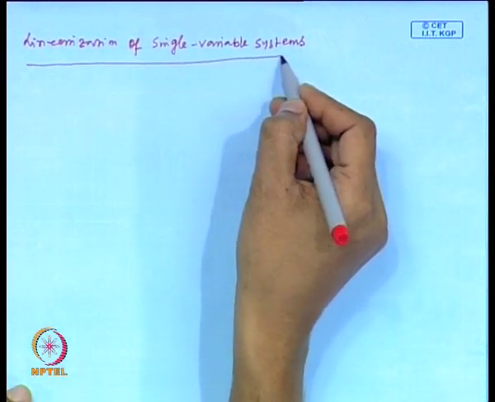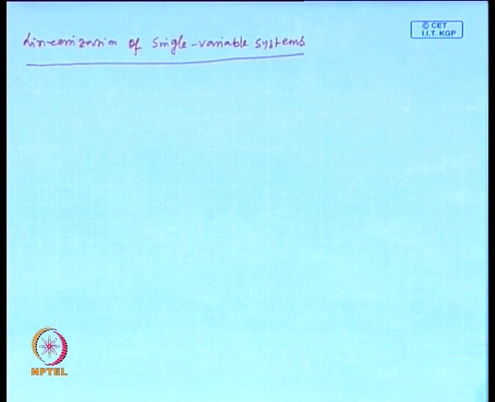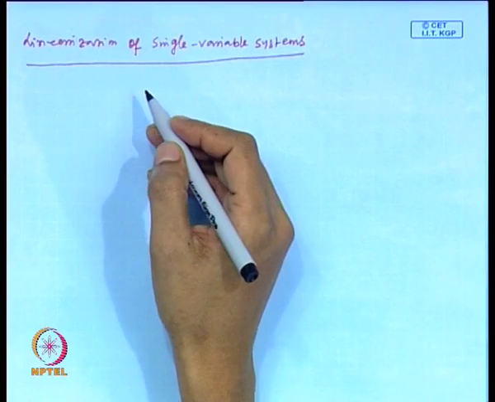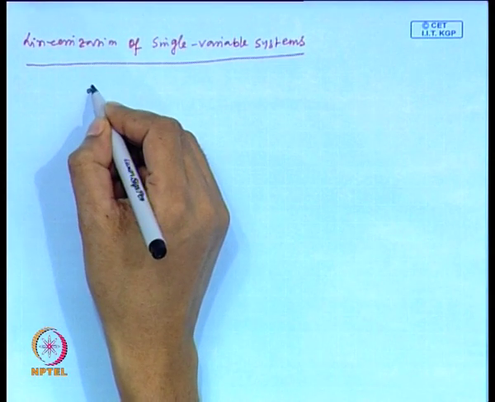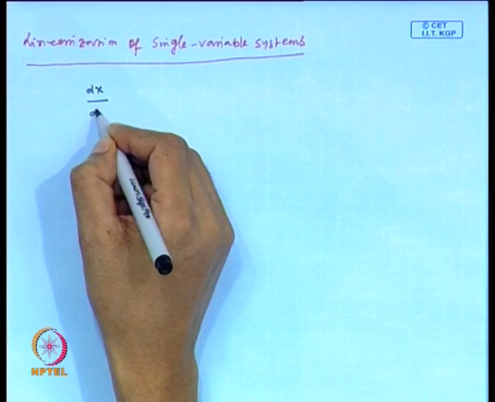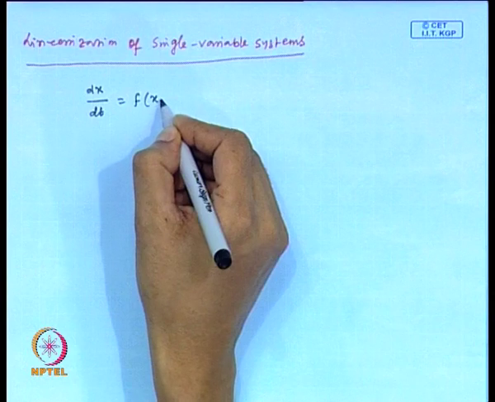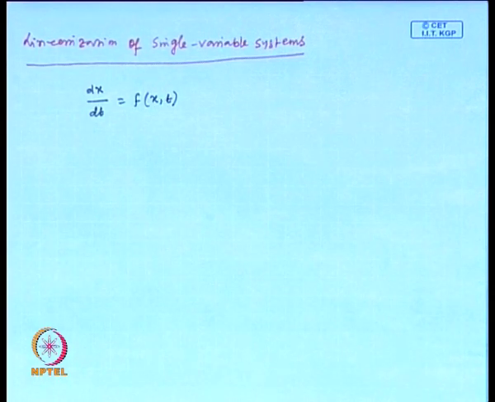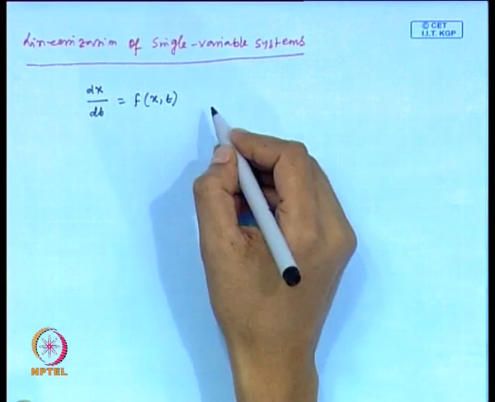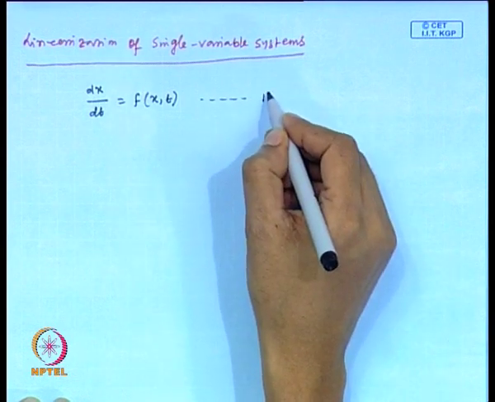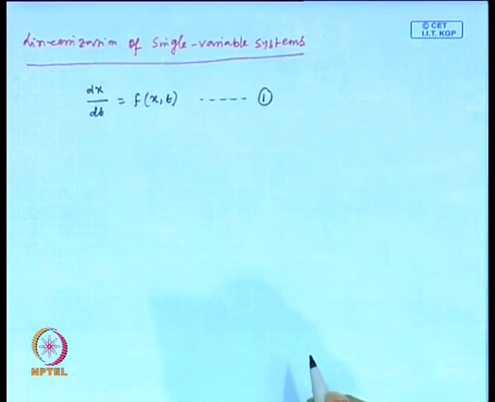Linearization of single variable system. We will consider a simple ordinary differential equation represented by dx/dt equal to a function of x and t. Suppose this is equation number 1.